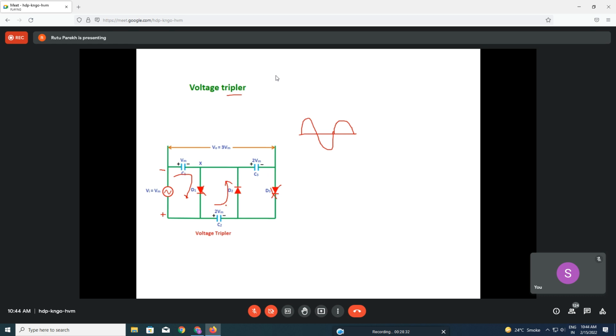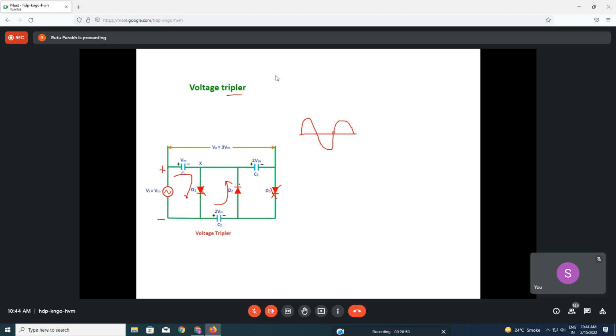Now in the second positive half, this is plus and this is minus. I guess D3 will be connected and D1 and D2 will be disconnected. So now listen, this is the scenario: this is plus, this is minus, and this is plus here and this is minus here.